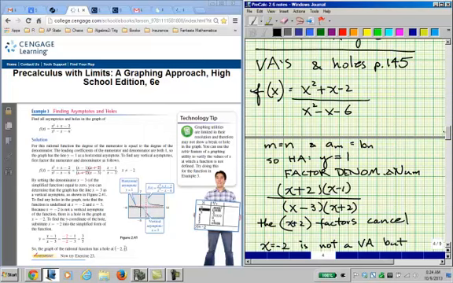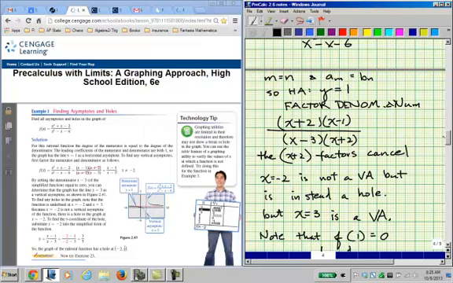So x minus 2, the root of the factor x plus 2, is not a vertical asymptote, but is instead what's called a hole. So the graph is continuous up until negative 2, but negative 2 is not an asymptote. The graph will go right up to negative 2, and then there'll be a hole, and it continues right after it.